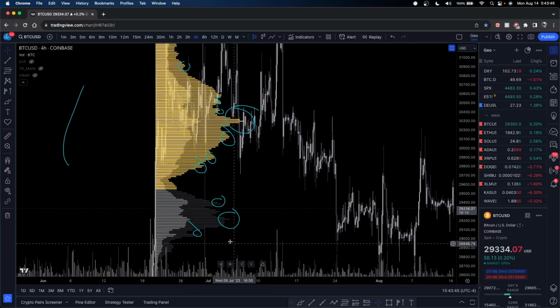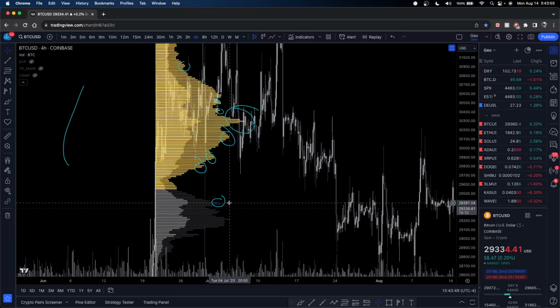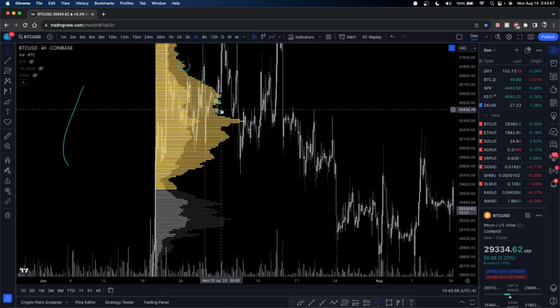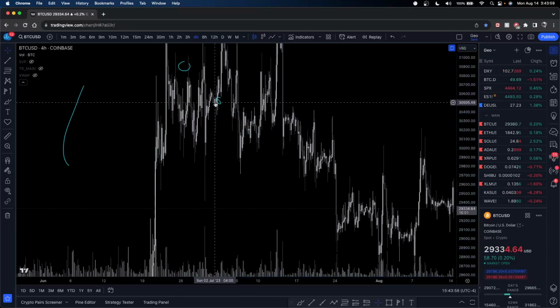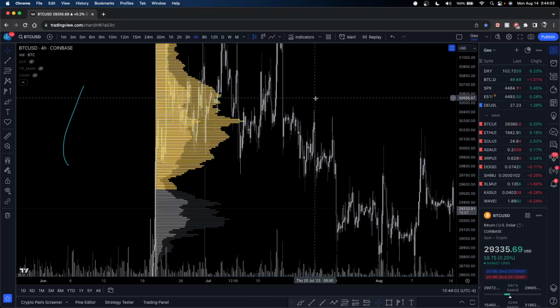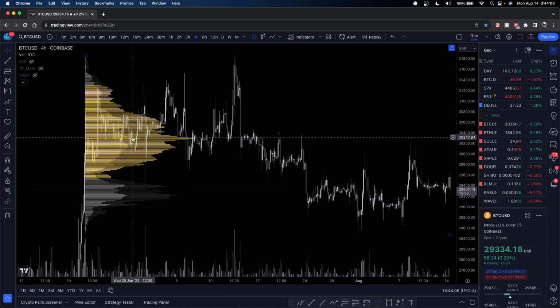These are important because price likes to come to, stick to, and react to high volume nodes. When we're consolidating, price will typically be at a high volume node. Remember, it is volume based on price, so it's basically support and resistance lines.